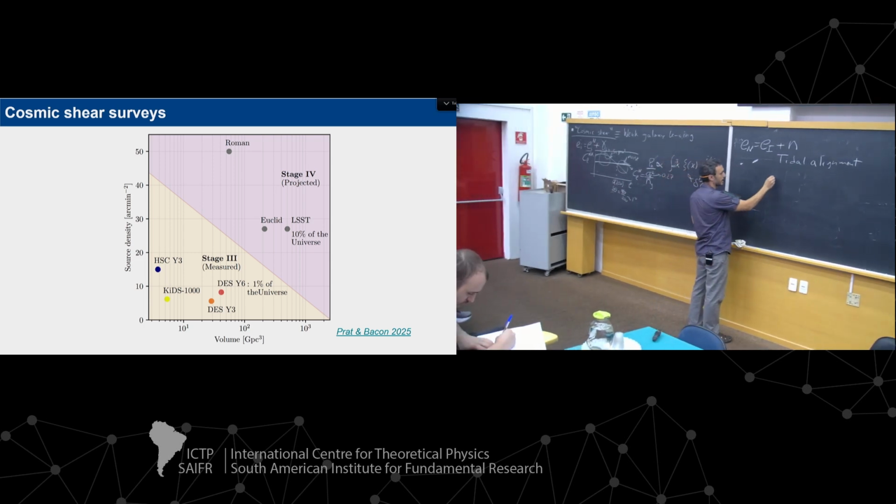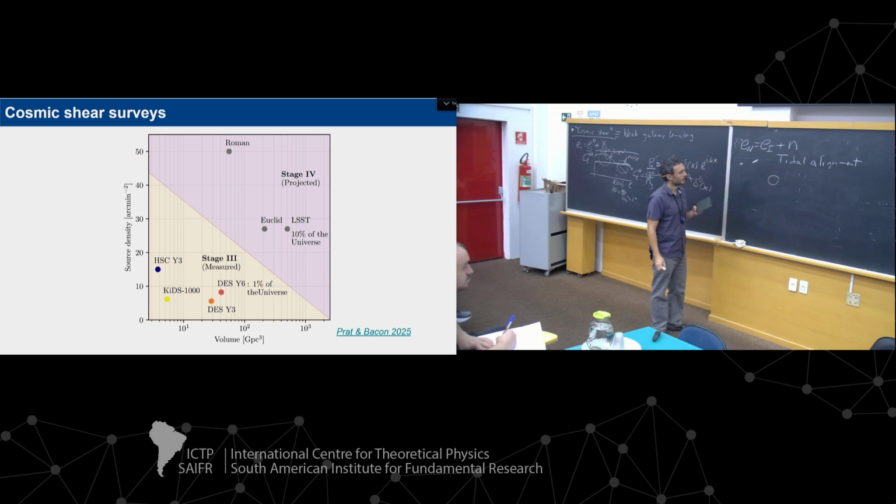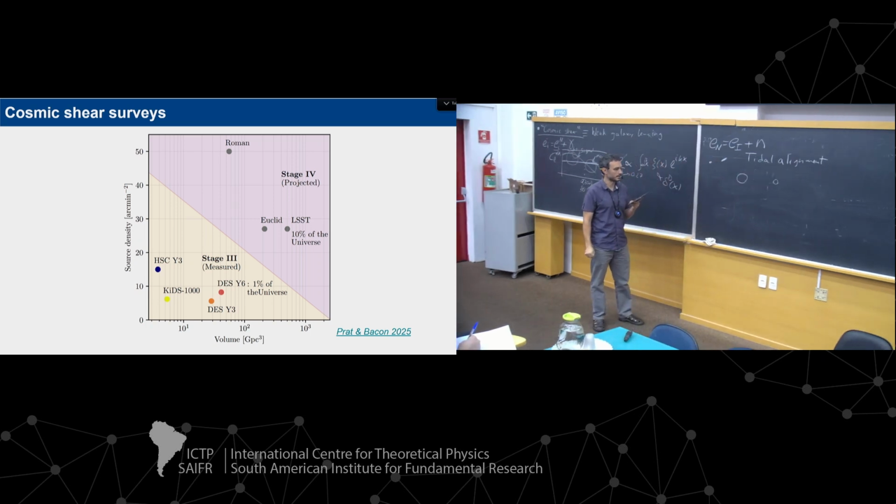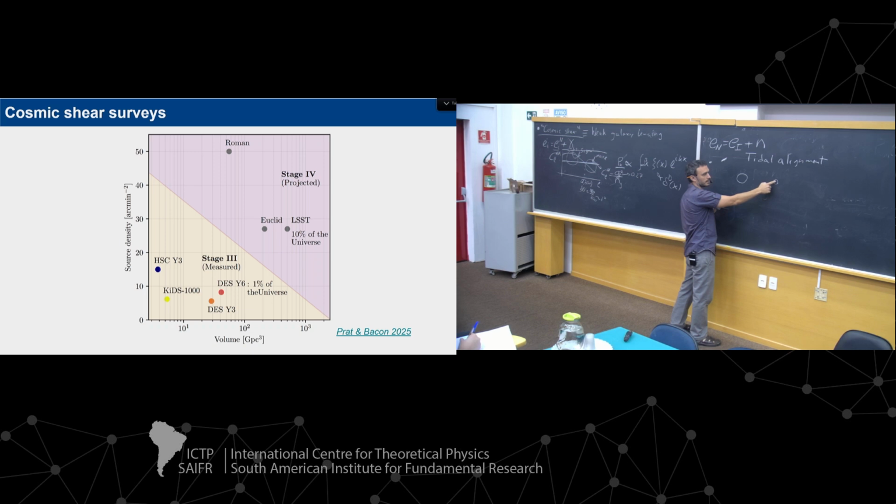So let's imagine that we have a large structure here, something massive. And then we have a galaxy nearby, let's say here. Let's say that this galaxy was originally a sphere, just because we like to do that in physics. Galaxies are extended objects, and we can think about how the gravity of this object would affect the shape of this blob of stars.